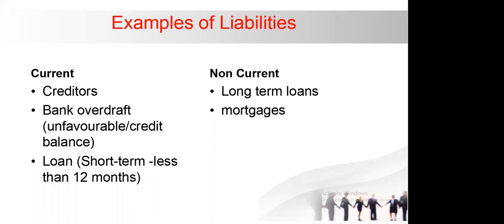Another example is a bank overdraft. A bank overdraft occurs when the bank allows us to use more money than that which we have in the bank account. So suppose we've got 20,000 in the bank account and we want to make a transaction of 25,000 rand. The bank allows us to do that. This facility is usually offered to businesses.